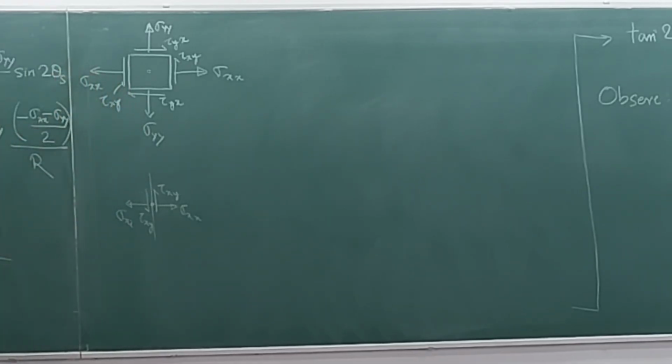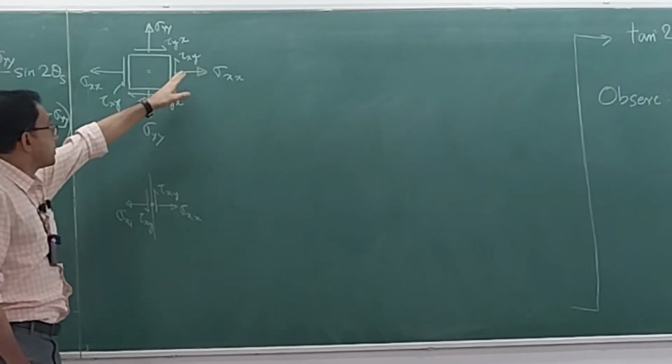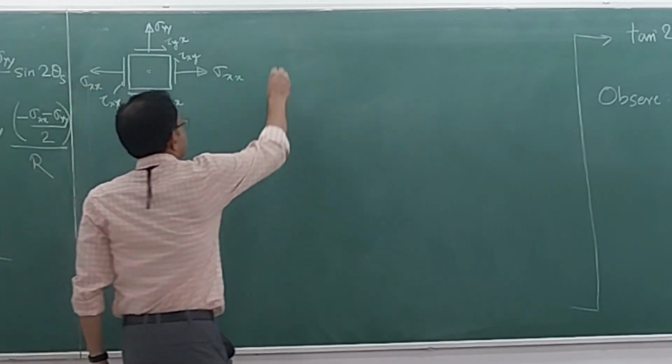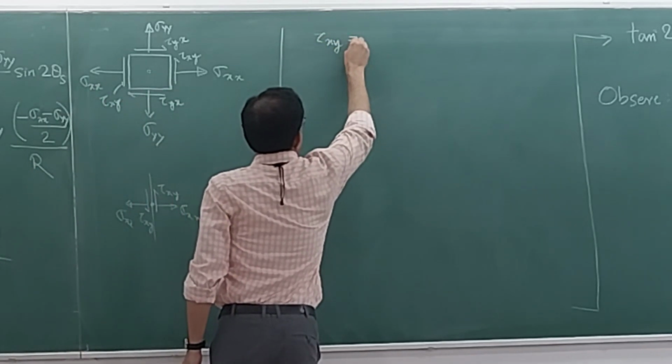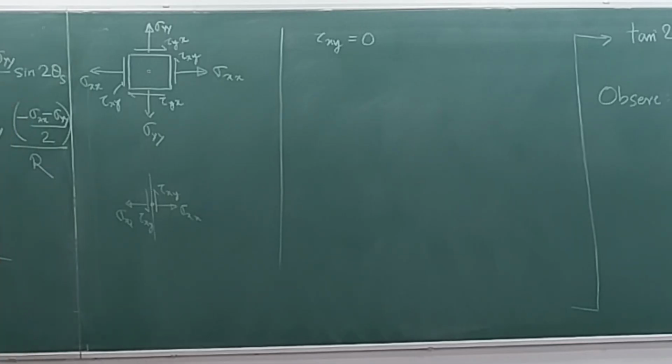This is just a diagram. But now suppose I tell you that this particular tau xy is equal to 0. Furthermore, in the plane stress condition, we already know that tau xz is equal to 0.